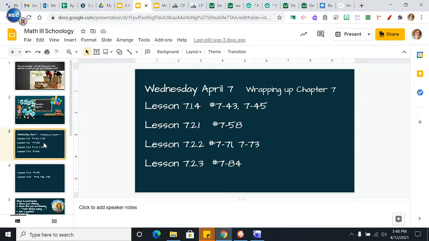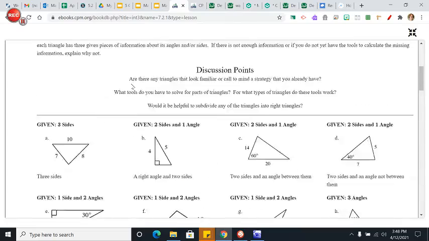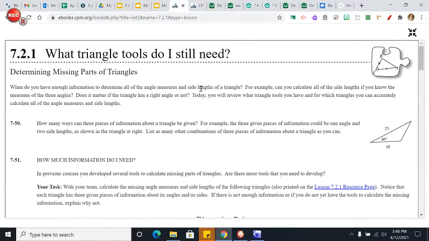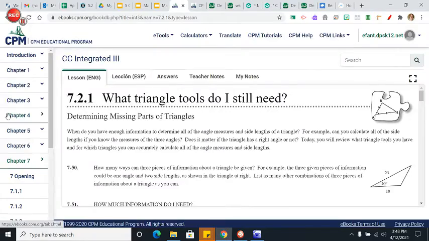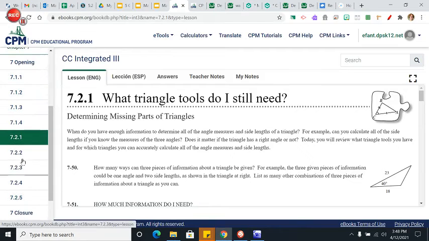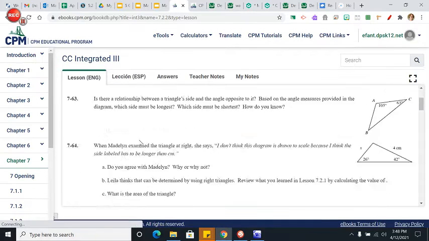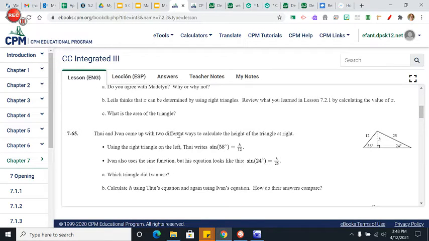We also did, and this is where I got stuck, 771. And it's because I didn't include the asymptote from the beginning. So I'm going to show you how to do it with the asymptote. This is in lesson 722, and it's problem 771.